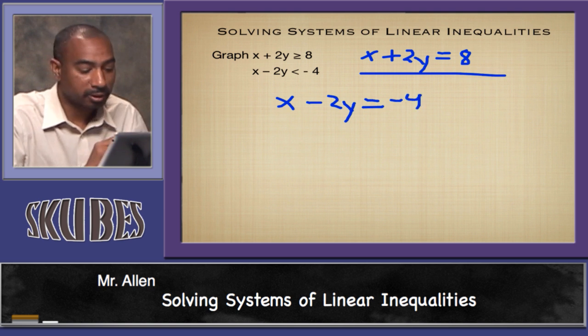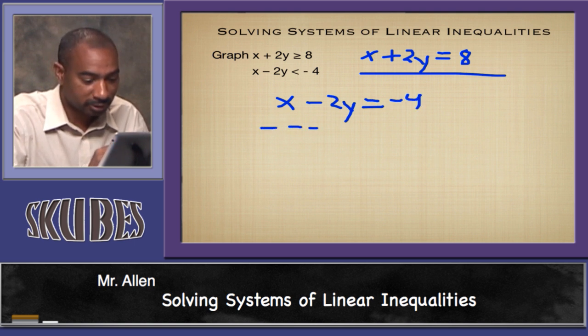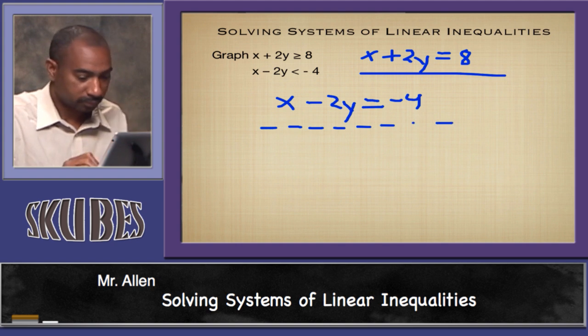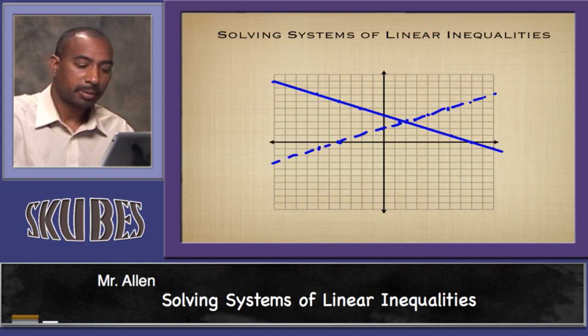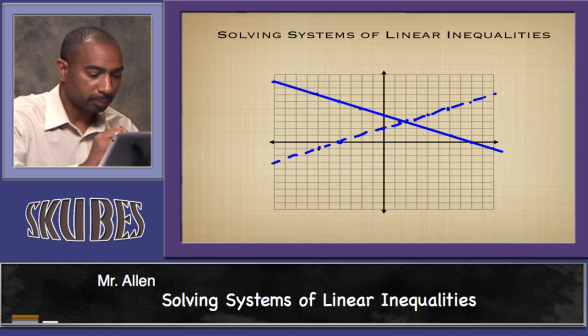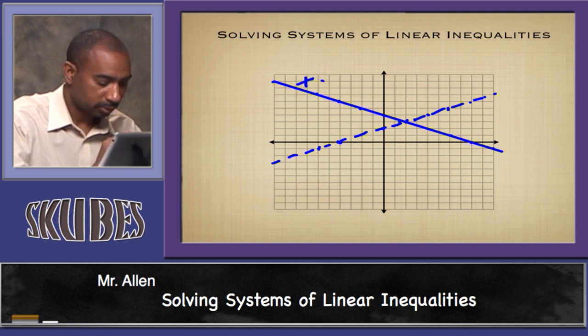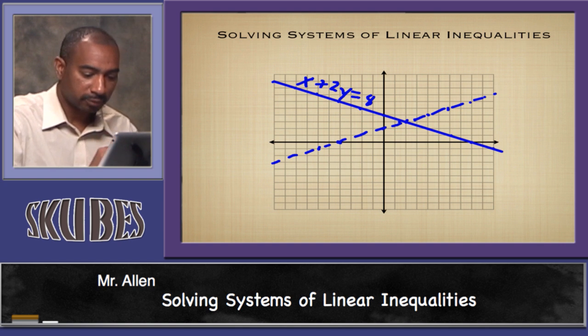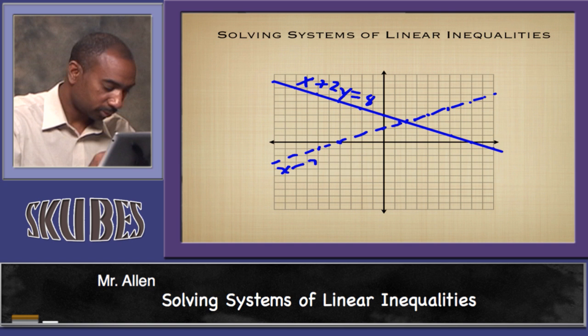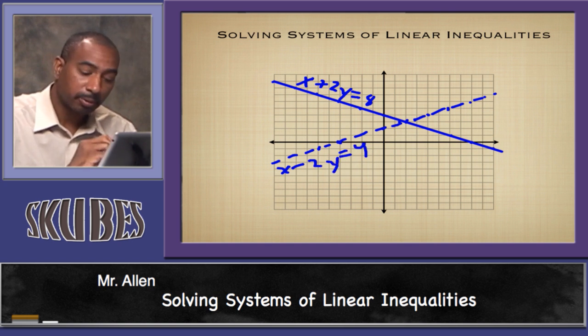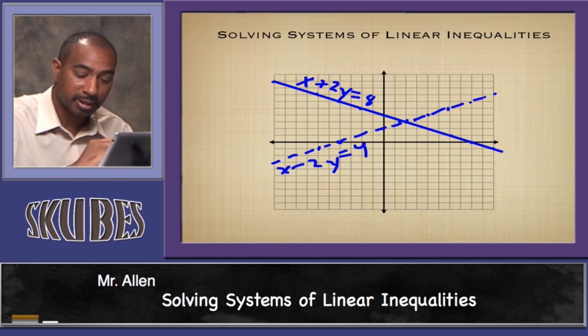You're not including the points on this line, so you can use a dashed line for that. Okay, so for the solid one, this represents x plus 2y equals 8. And for the dashed line, this represents x minus 2y equals negative 4. Remember, we're not including the ordered pairs on this line, that's why it's dashed, but we're including the points as part of the solution on the solid line.